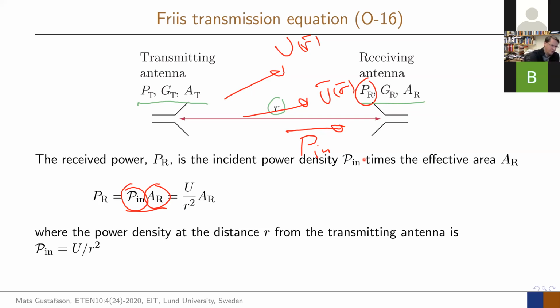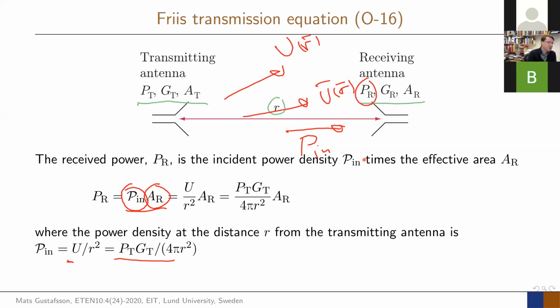I have again the effective area that sits there. And then I can rewrite the radiation intensity and the effective area in the parameters of these antennas. First, the radiation intensity that sits here is related to the radiated power, the gain, and then 4 pi. That is purely the definition of gain.